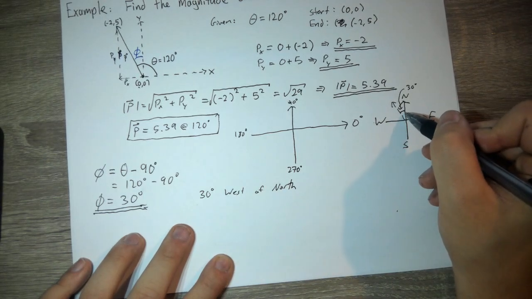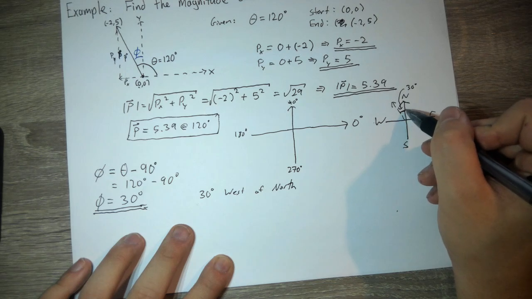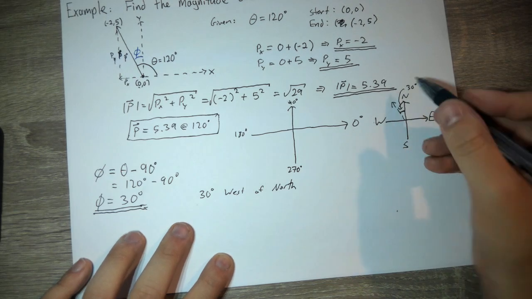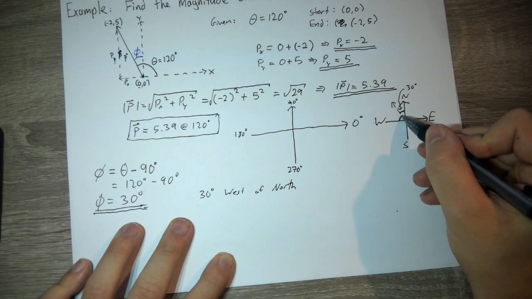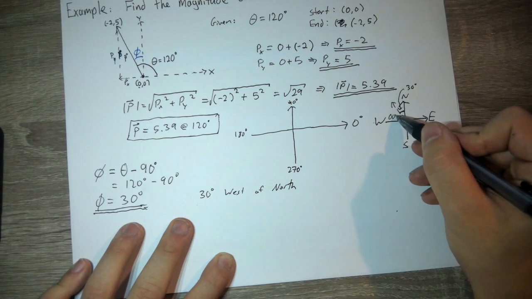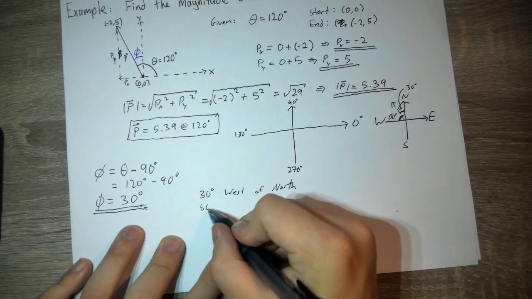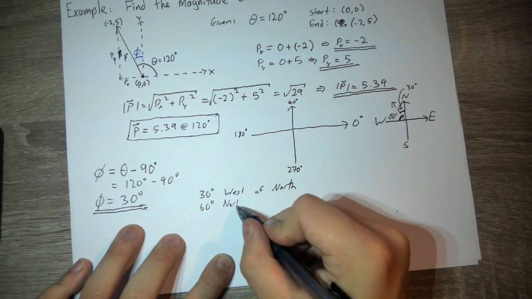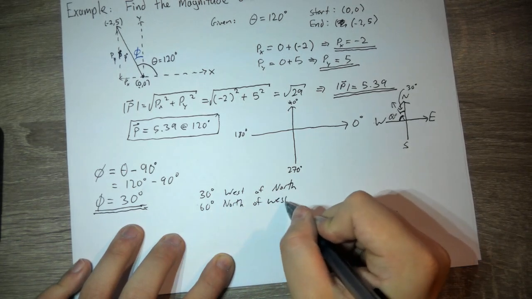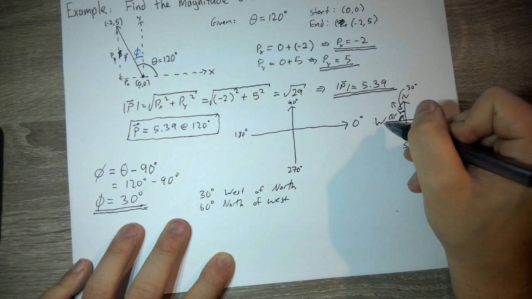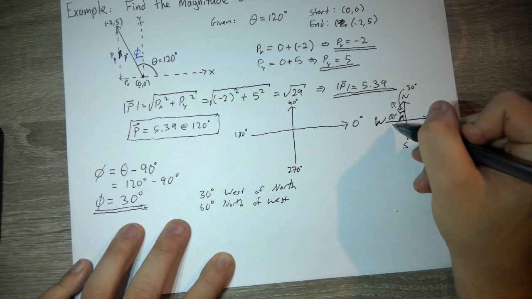It's west of north because we have this angle with respect to the north axis. If you wanted to consider this angle, which would be 60 degrees, you could also say 60 degrees north of west because it's north with respect to the west axis.